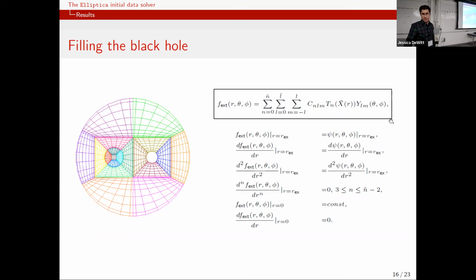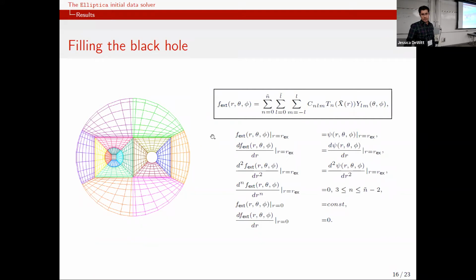The function that I'm using to do the extrapolation has a Chebyshev polynomial in the radial direction and a spherical harmonic in the angular direction. So the challenge here is to find the coefficients of this expansion. After you find these, you can fill this excised area with this function.